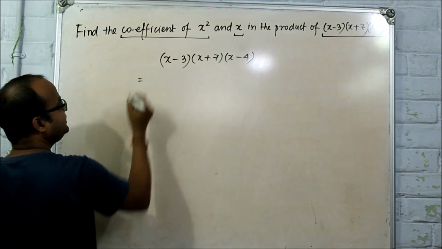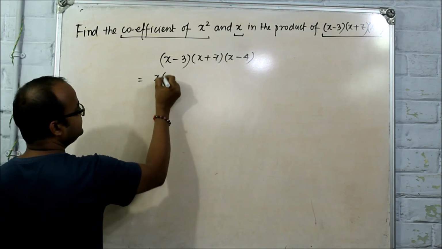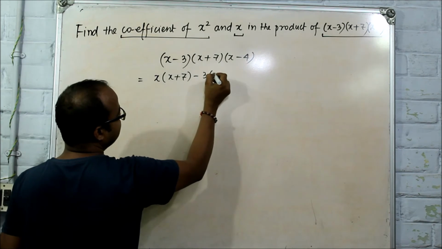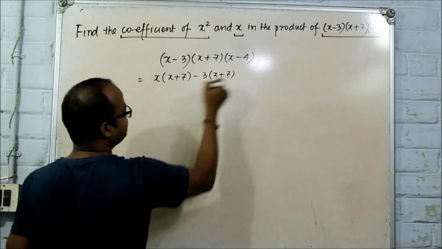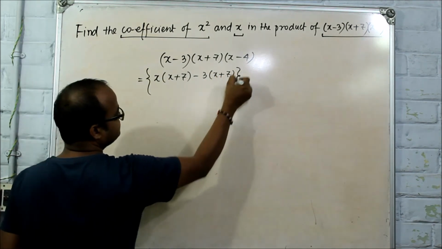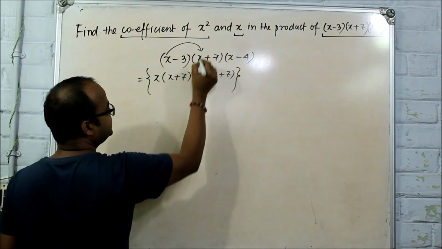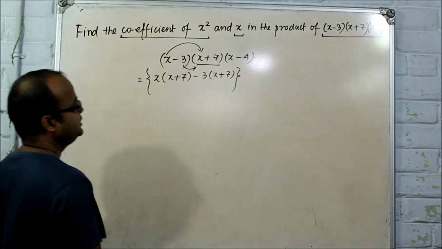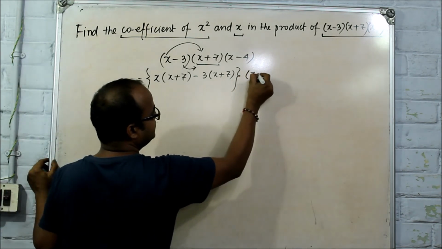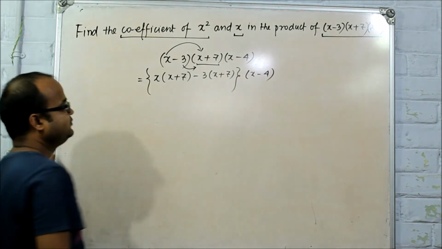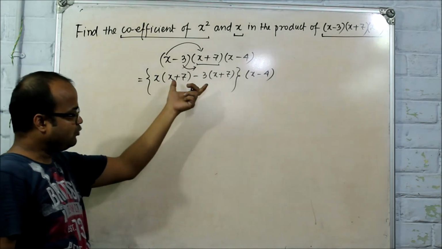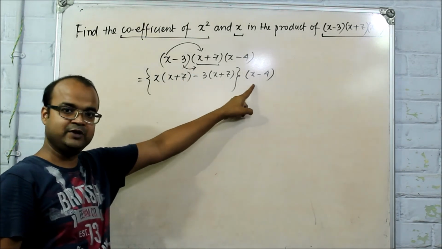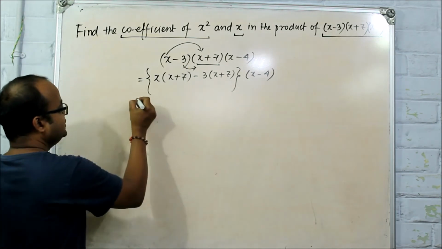We multiply x with the entire binomial and 3 with the entire binomial. Once we get the result of this multiplication, then we multiply with (x − 4).